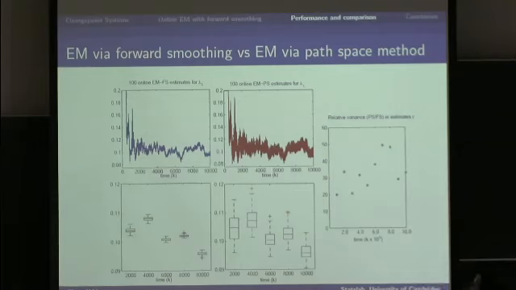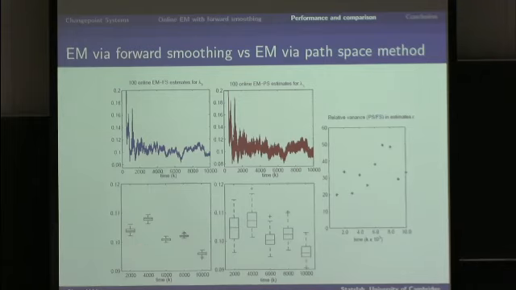So the SMC forward smoothing online EM algorithm, that is our algorithm, has better stability properties, and you can see it from this figure. This is my last slide. These are the 100 estimates superimposed. This is for forward smoothing, and this is for the path space method, and these are the box plots.